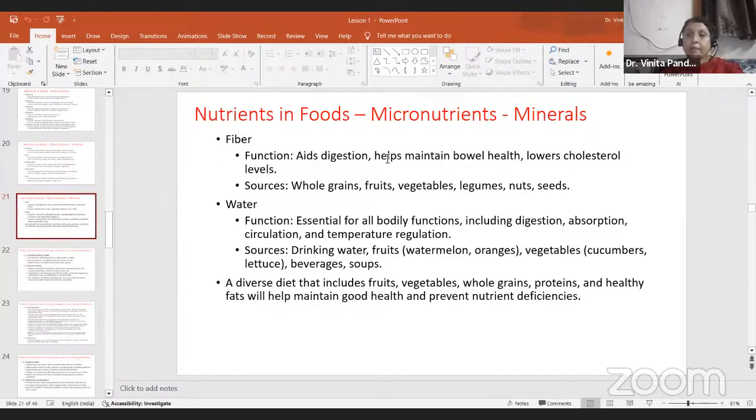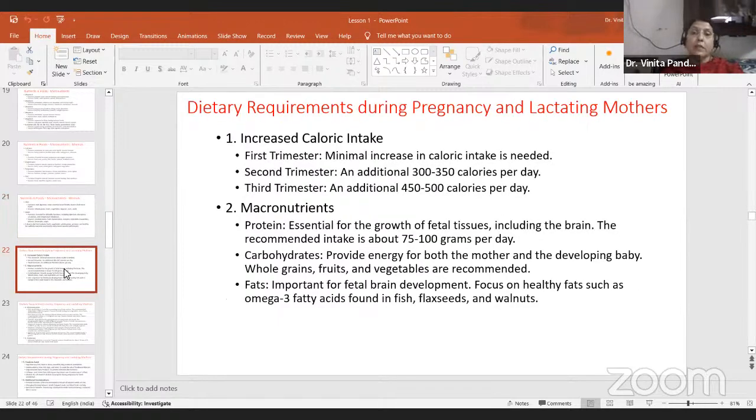So, friends, now that time is almost close to 9, I wouldn't start a fresh topic today. In tomorrow's session, let us try to understand how the dietary requirements during pregnancy and for lactating women are separate.